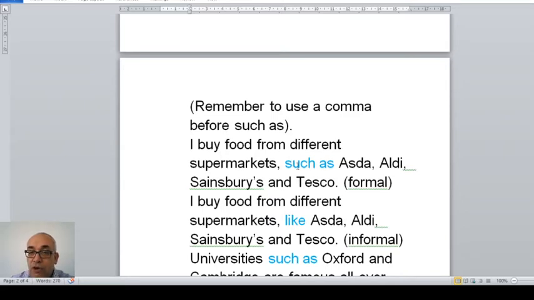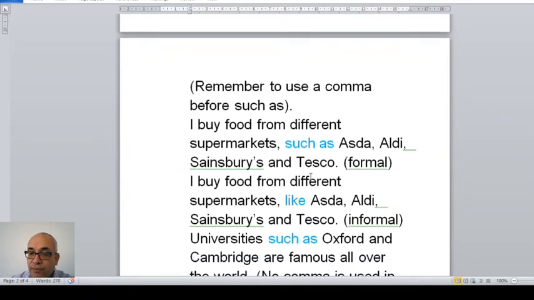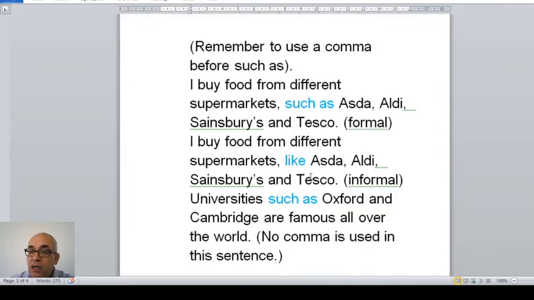Such as is formal, and as I said, it means for example, and it is a formal conjunction. Or I can say, I buy food from different supermarkets like Asda, Aldi, Sainsbury's, and Tesco, and this is informal.